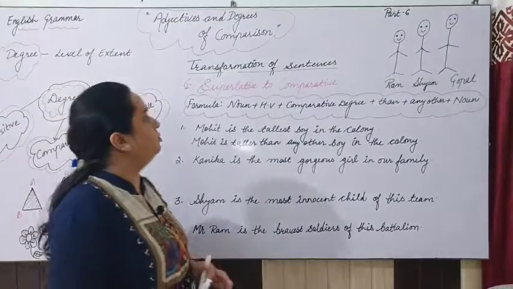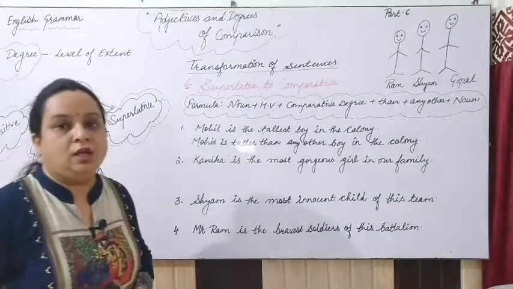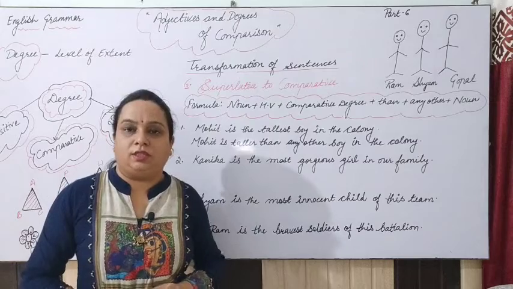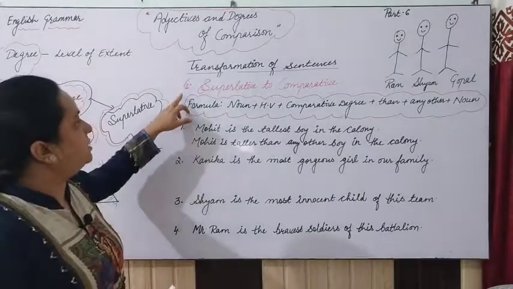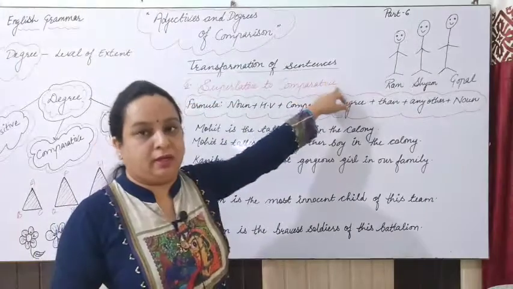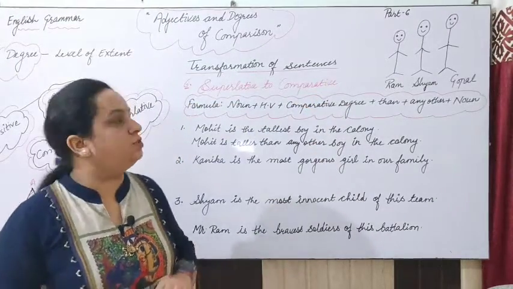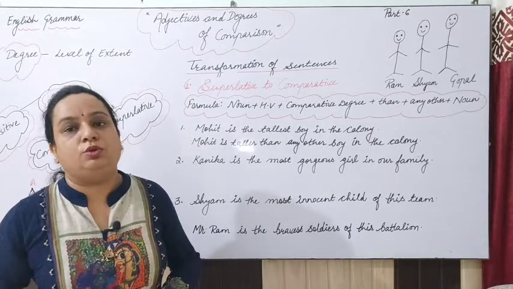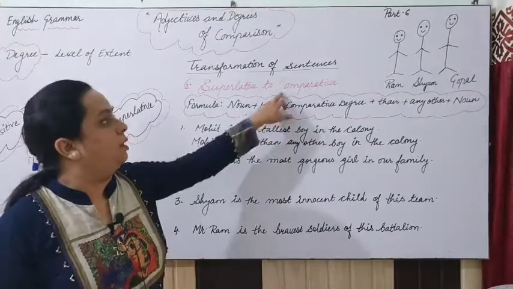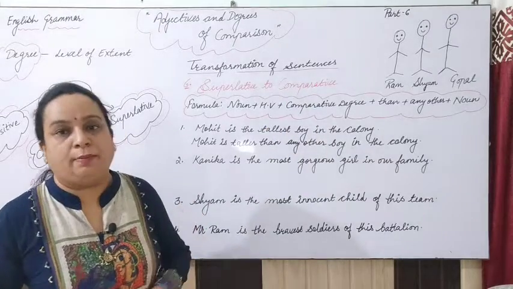Now let's talk about the last formula of transformation of sentences with the help of degrees of adjectives. It says superlative to comparative. This is the change when the superlative degree is given to you in the sentence, and you have to change it by using the comparative degree.